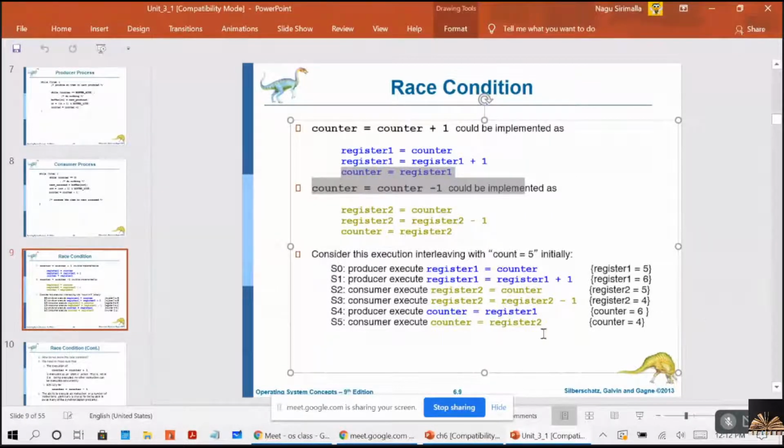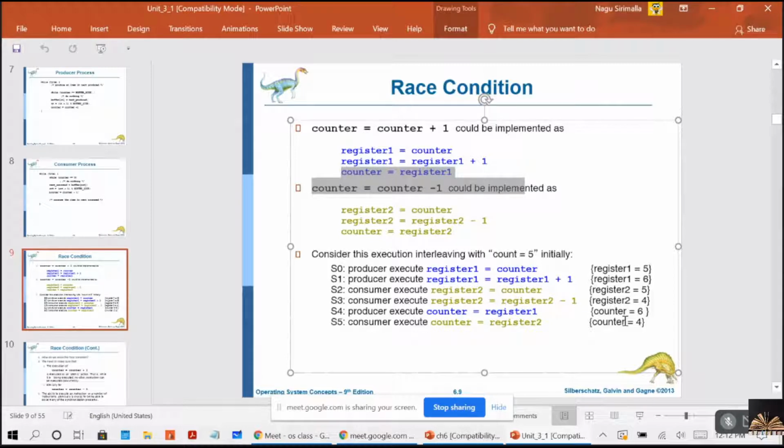Because the counter was not incremented properly in order, the consumer is getting the wrong data. After he consumes, it is showing only 4 items. The count is showing only 4, but actually the count has to be 5.